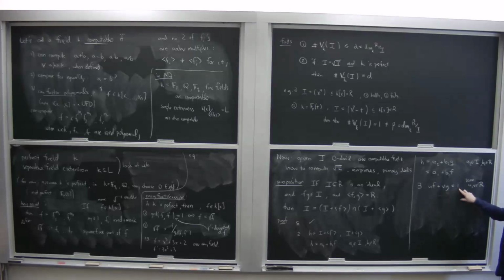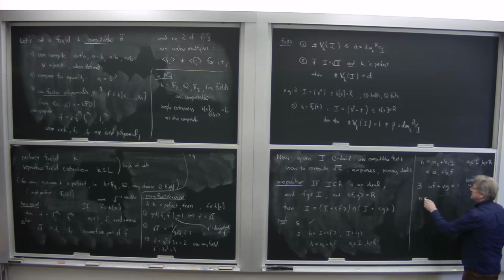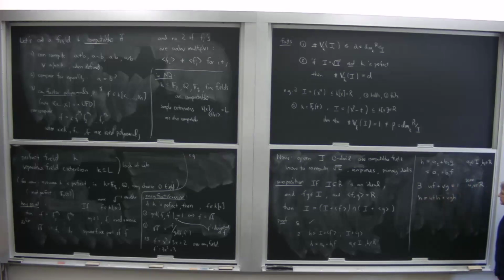So if I take H, oh yeah, that's it. H is equal to H times this, right? So that's U times F times H plus V times G times H. Now, if I take this whole thing, I claim that that is in I.